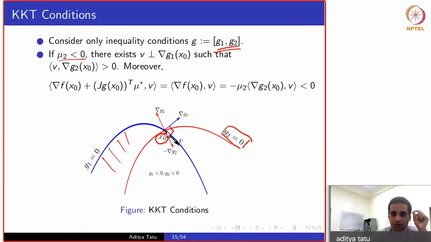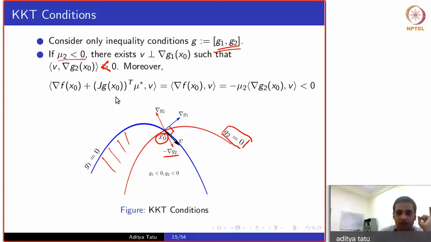And of course, orthogonal to gradient g1, it could also have been in this direction, right? But this direction v is also positively aligned towards negative gradient of g2. Okay, so there is a small typo here. This should be less than, sorry. It points in the direction which is sort of aligned to negative gradient of g2.